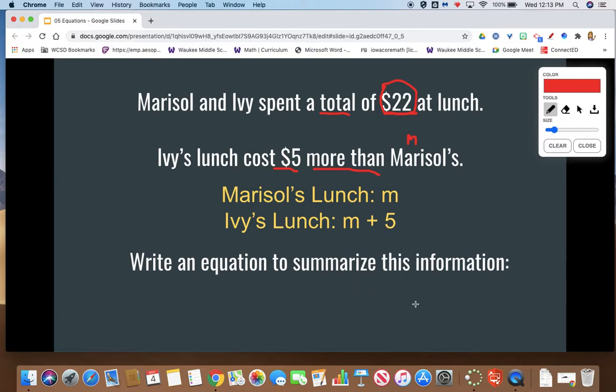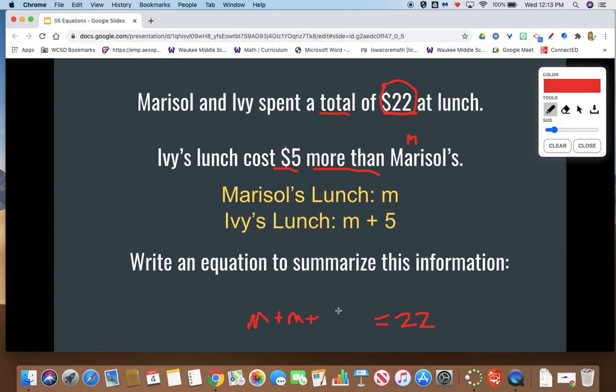Your total should always be by itself on one side of the equal sign. That's what your expression should equal when you add all the pieces together if you knew what M was. On the other side of the equal sign are our expressions that would total to equal that 22. I know I have Marisol's lunch, which is M, and then I have Ivy's lunch, which is M plus 5.